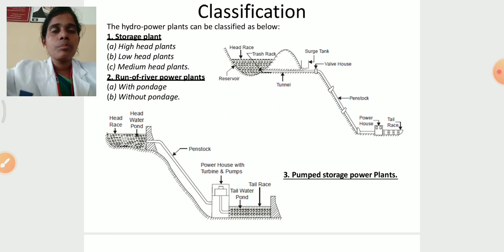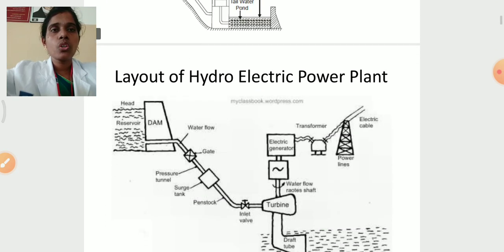So storage plants denote the height levels of water, whether the head is high, low or medium, and run-off river power plants are with pondage and without pondage.